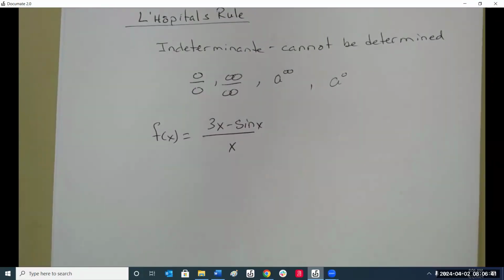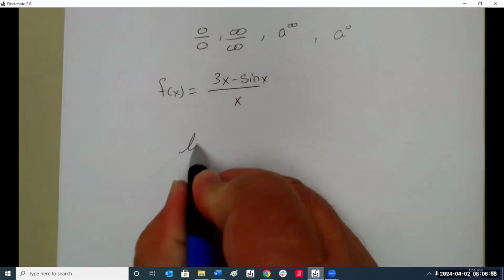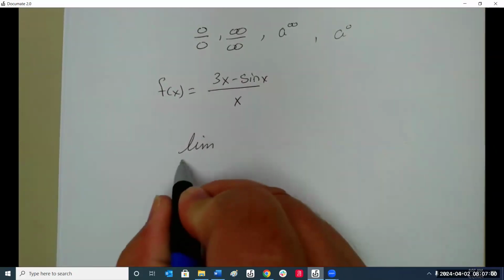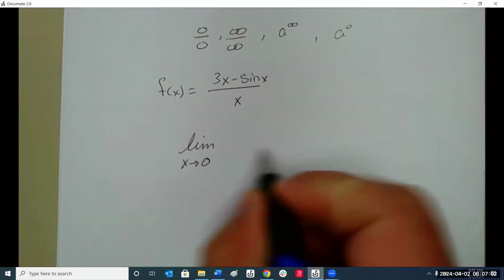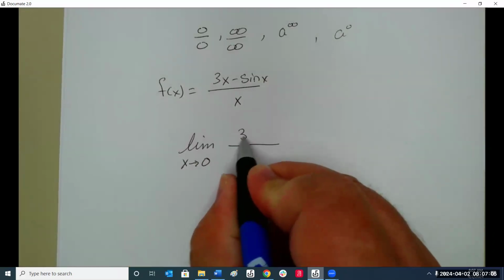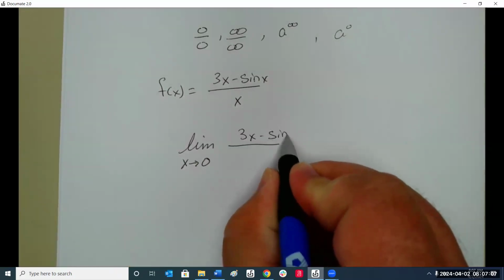What would be the limit number you'd go on this equation? What number x would look the most difficult, would give us a problem? Yeah. So what we would look at is, what is the limit as x approaches 0 of this function?